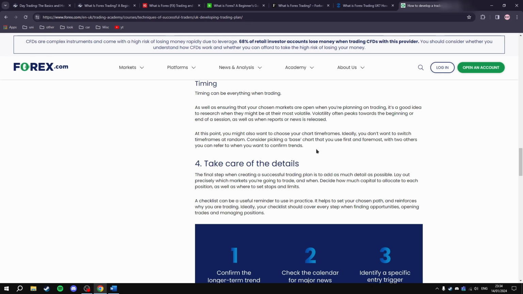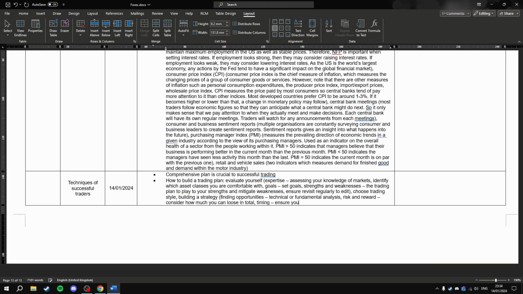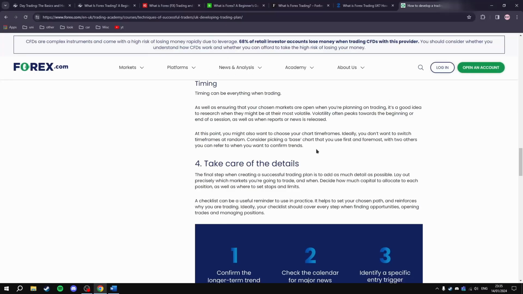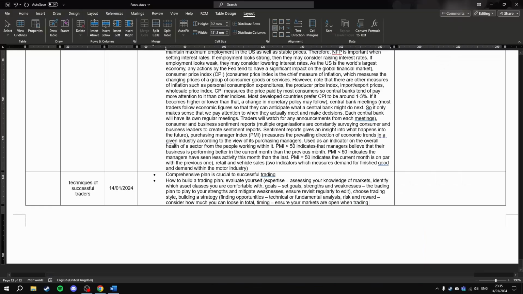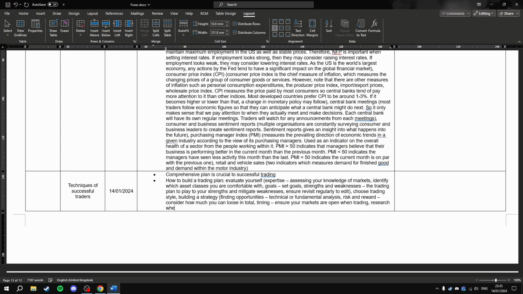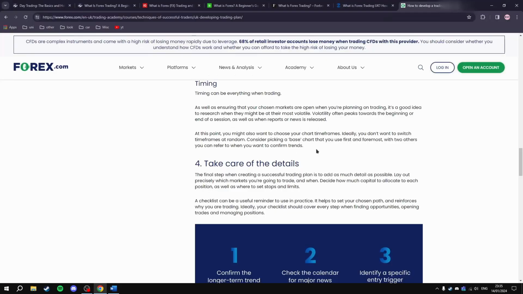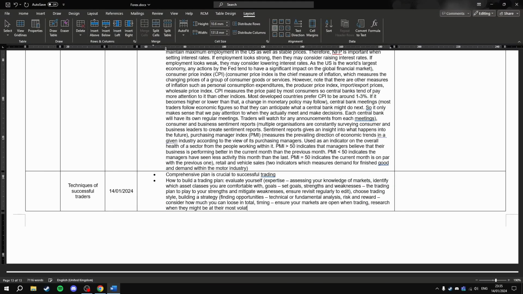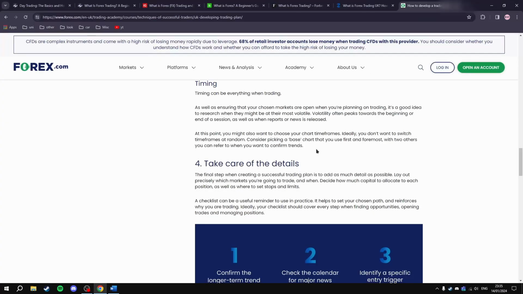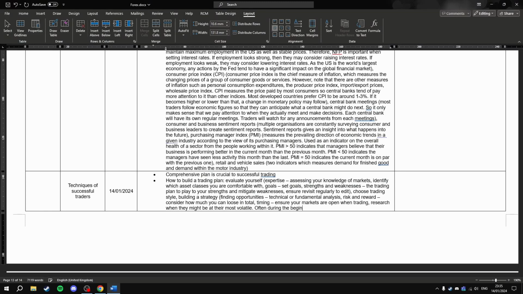Volatility often peaks towards the beginning or end of a session, as well as when reports or news are released.